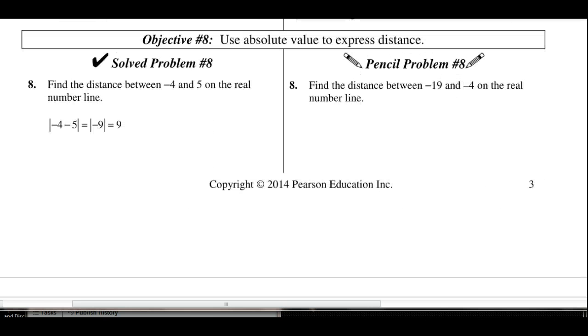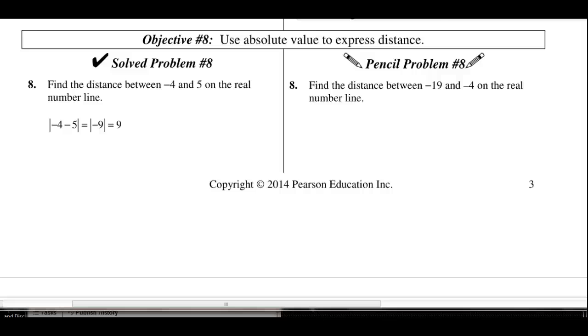Absolute values, like I said, if you don't want to think about them as turning positive numbers into negatives, they also have the interpretation that they can be used to denote distance on the number line.